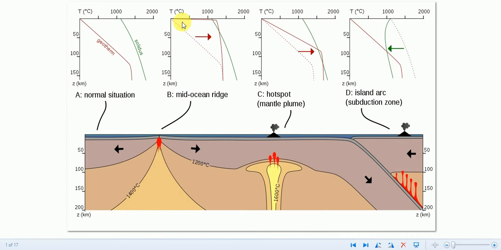Here the depth is 50 kilometers. At the mid-oceanic ridge, within 20 kilometers from the sea floor, the temperature is more than 1000 degrees Celsius.